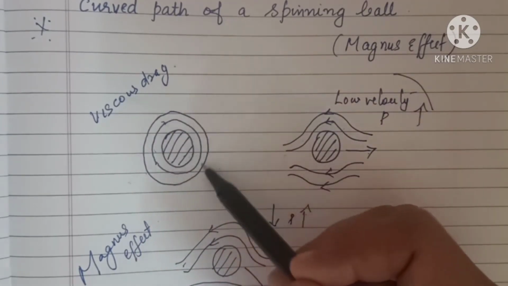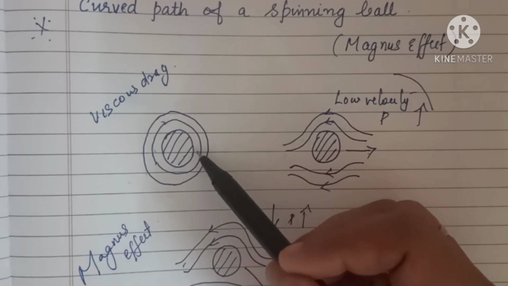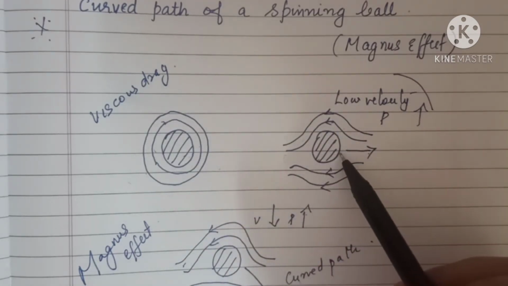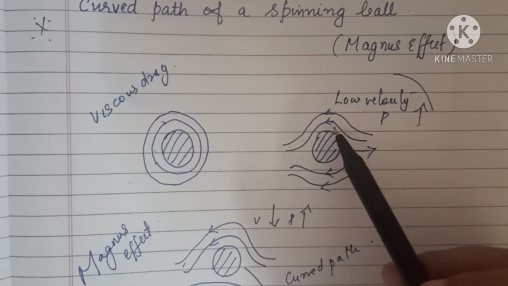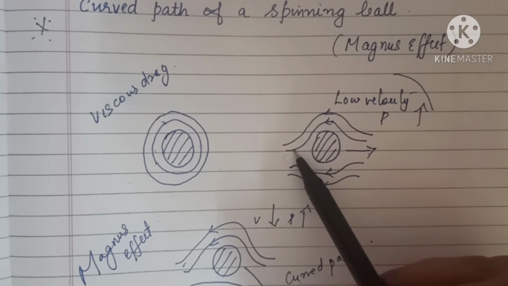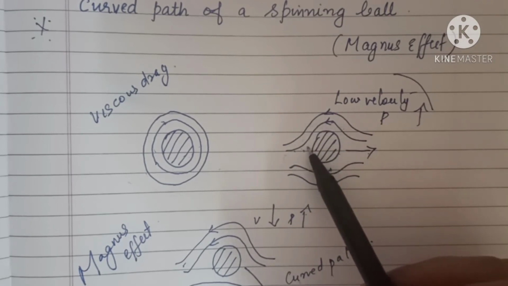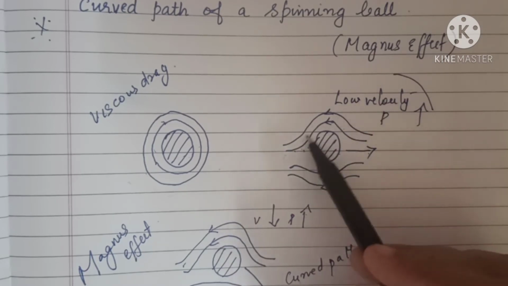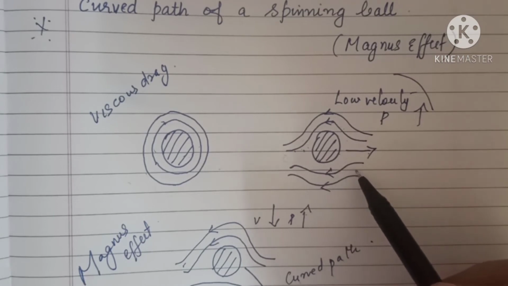Streamlines around it will be in the form of concentric circles. Understand? Now, when the ball moves forward with a velocity v, the air ahead of the ball rushes backward with velocity v to fill the space left empty by the ball. Thus, the streamlines in air due to this motion of the ball will be like this. It is shown in this figure.